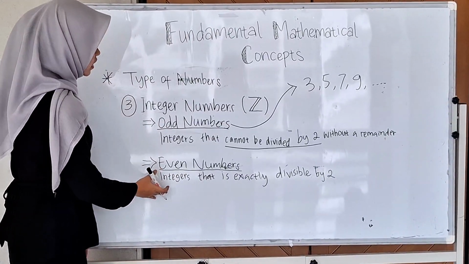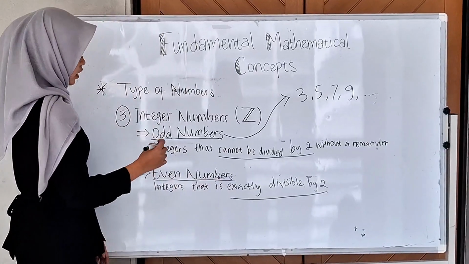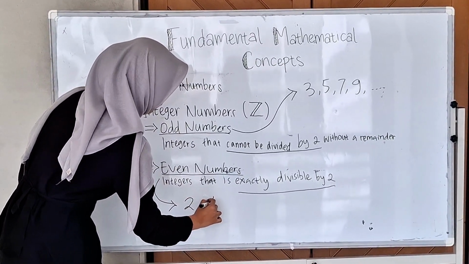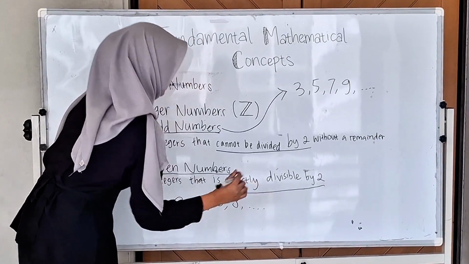Even numbers are any integers that are exactly divisible by 2. For examples, there are 2, 4, 6, 8, and so on.